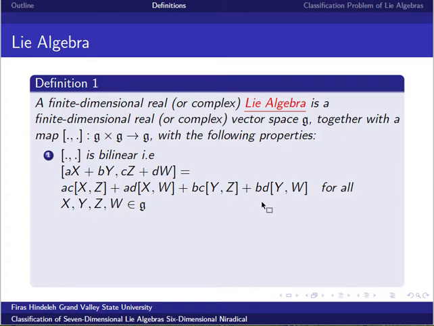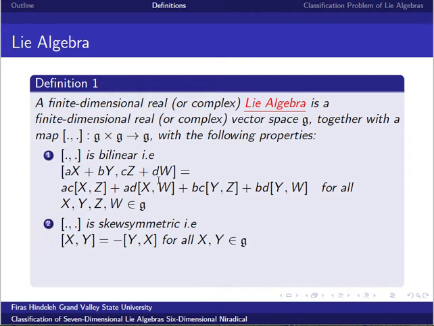We can distribute the scalars out and just use the brackets on the elements of the vector space. So we usually denote the elements of the vector space with capital letters and elements from the field by lowercase letters. So it's bilinear, it's linear in both components.